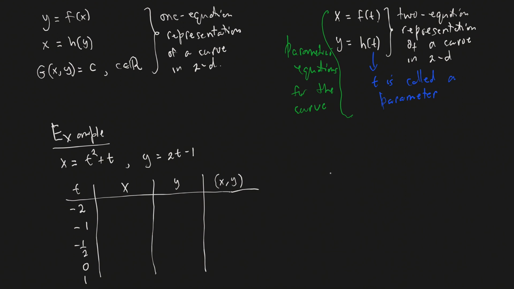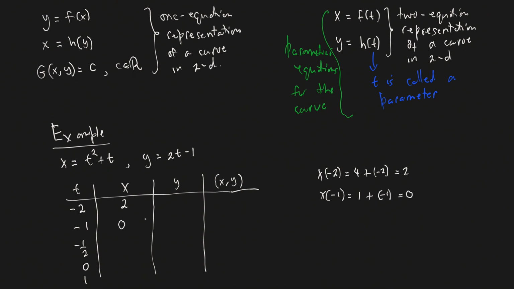All right, so let's get to it. Let's take our x values. I'm going to say x evaluated at -2, and I'm going to do the evaluation pretty quickly. This is going to be 4 plus -2, so I have a +2. Let's do x of -1. If I plug -1 in, I will have a +1 after I square it, and then I have to add -1, so that gives me 0.